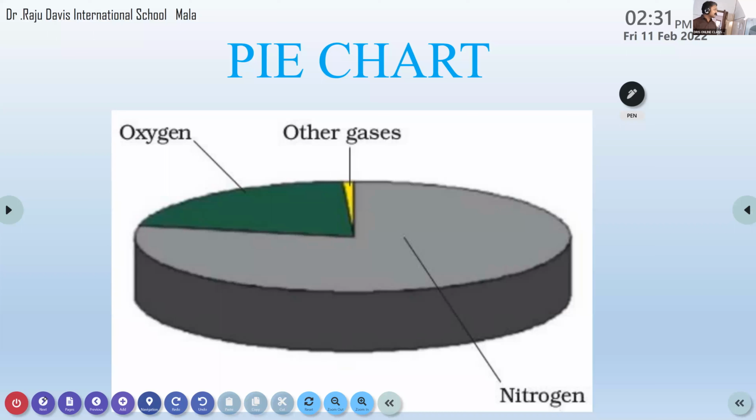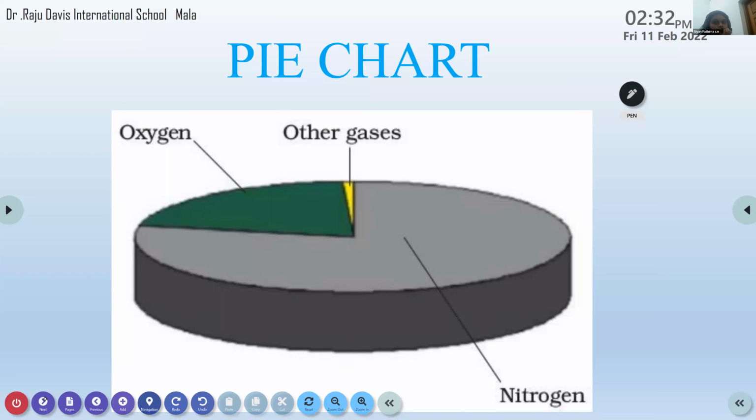It is representing the amount of gases in atmosphere. So the pie chart represents the amount of gases in atmosphere, that is nitrogen, oxygen, and other gases. Name the gas which is present in high amount in atmosphere?